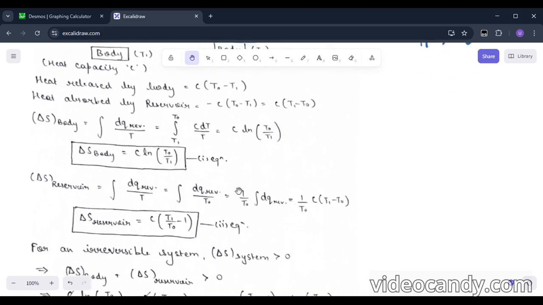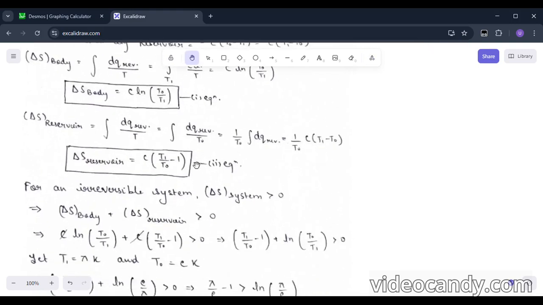So in place of this T, we can write T naught, and we can remove this T naught from the integration sign, and we are left with the integration of dq reversible, which is basically the change in heat of the reservoir, or the heat absorbed by the reservoir, which is given by C times (T1 minus T naught). So the change in entropy of the reservoir is basically C times (T1 by T naught minus 1), and we are calling it the second equation.